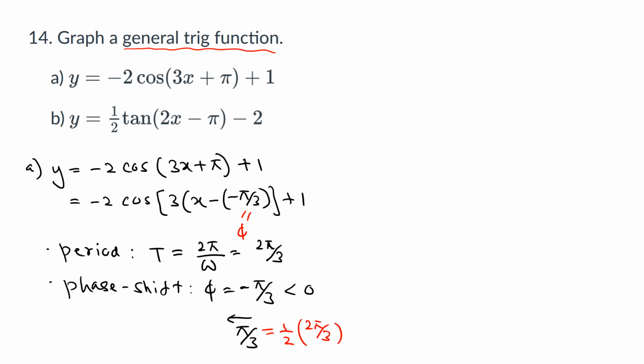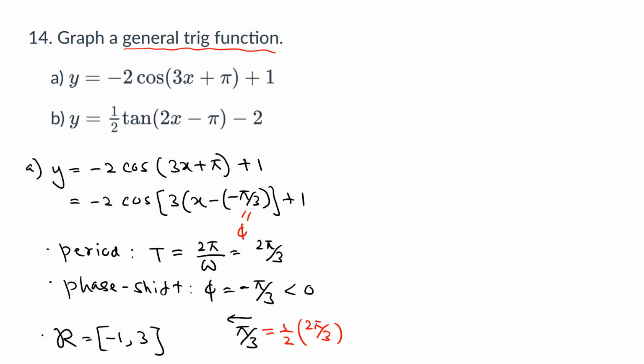That means you move half of the cycle to the left. So that's how you can remember it. And for this problem, the range is going to go between negative 2 and 2, and then you add 1. That means the range is between negative 1 and 3.